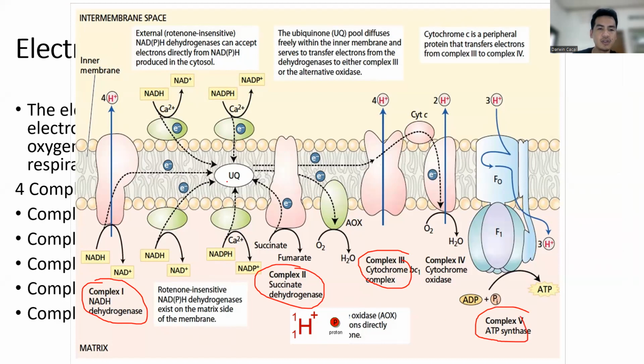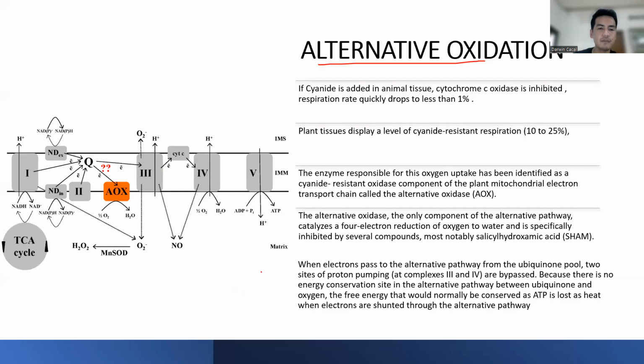So meron din tayong ubiquinone, wherein the ubiquinone is responsible for distributing the different enzymes in the cells of the plants. As we can see here, the ubiquinone is also responsible in the production of what we call the alternative oxidations.